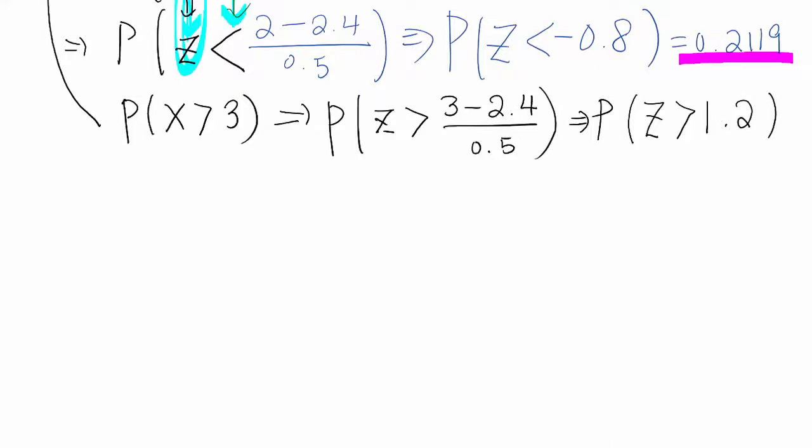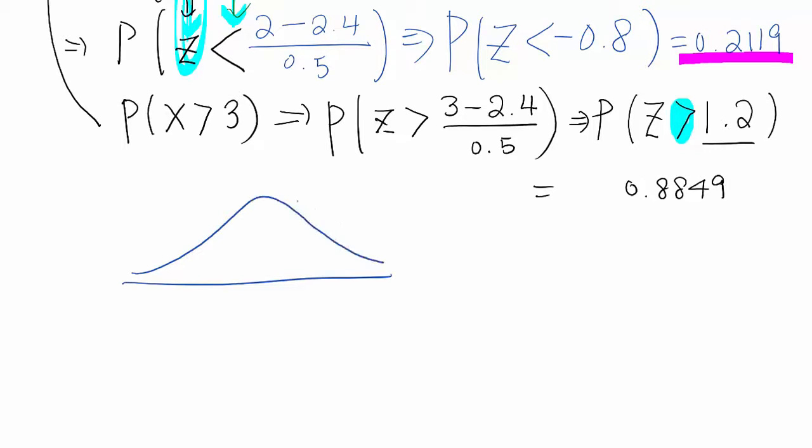Okay, so this becomes 0.8849. But let's look carefully at this direction. This direction means centering on 1.2. This one indicates we're going to find this right side area here. Good.